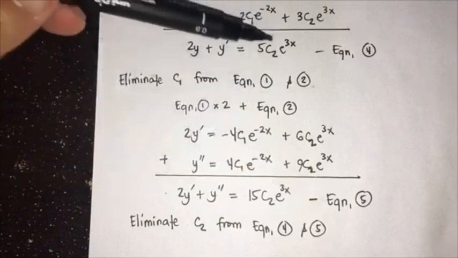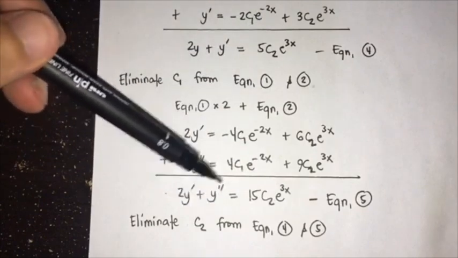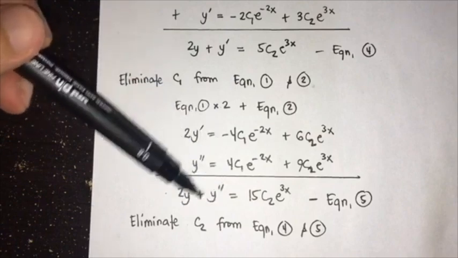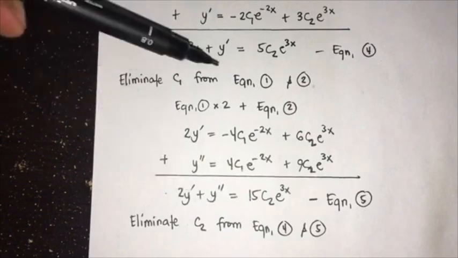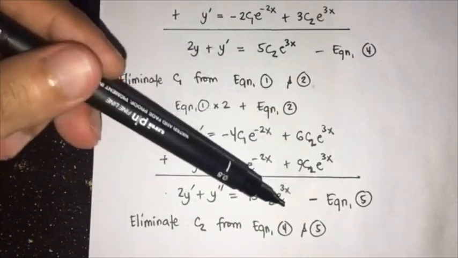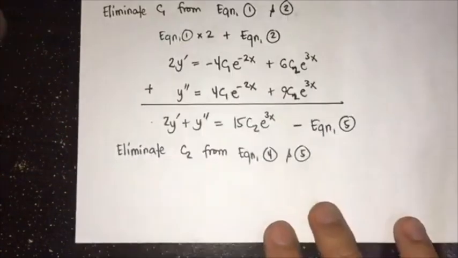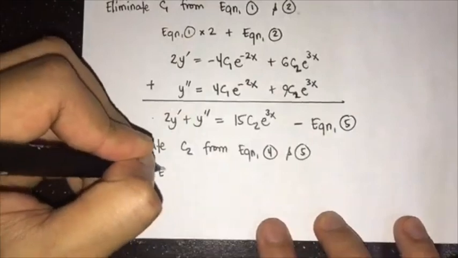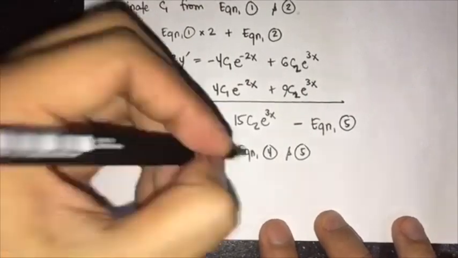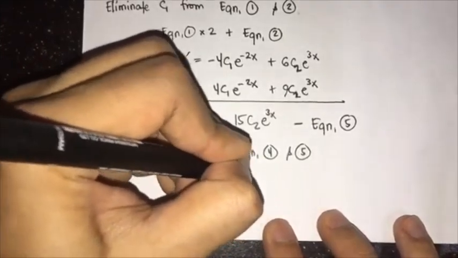But by doing the reverse, we would have a negative y double prime. As much as possible, we want to keep the highest order derivative positive. So we will instead subtract equation 4 from equation 5, so equation 5 minus equation 4 times 3.